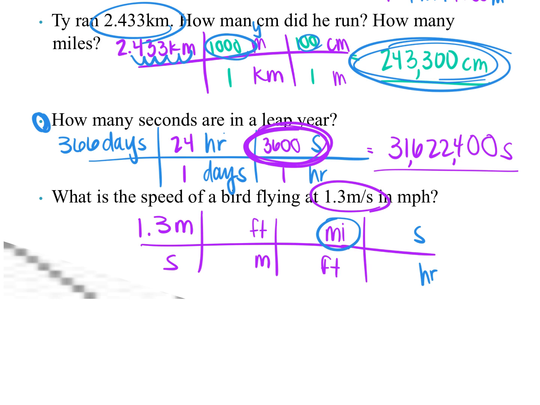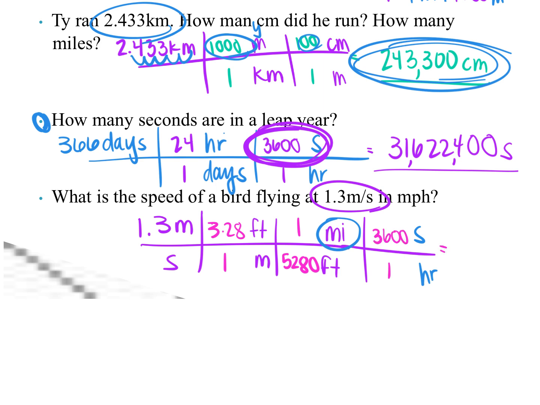And sorry, I took that one extra step, but all right, so meters to feet. 1 meter is 3.28 feet. 1 mile is, do we know how many feet? 5,280, good. And then 1 hour is equal to 3,600 seconds.